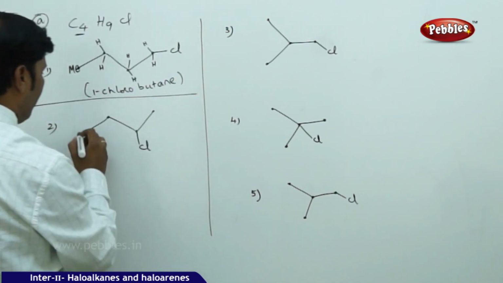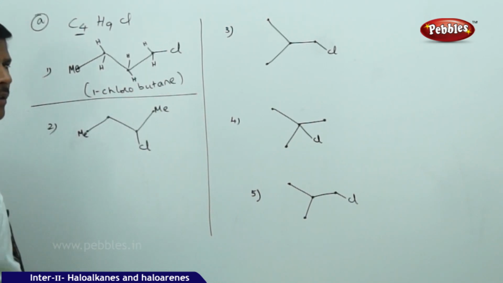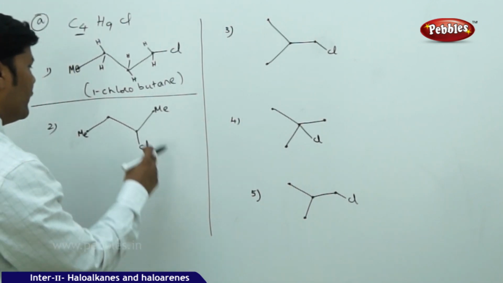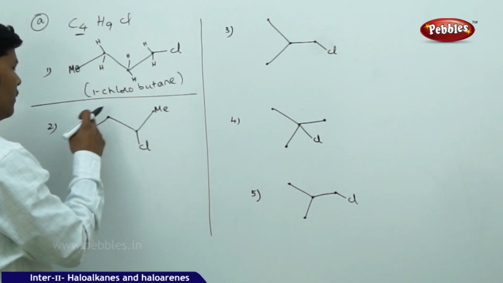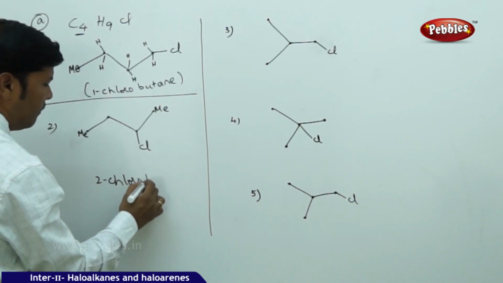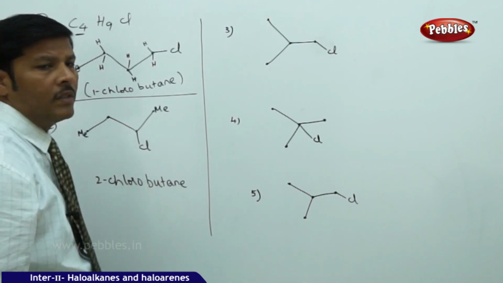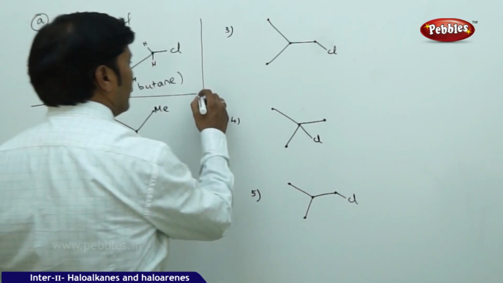In the next case, this is a methyl group and this is also a methyl group. Hope you understand in a simple lucid manner. So this is 1, 2, 3, 4. This is 2-chlorobutane, the IUPAC name for the second structural compound.